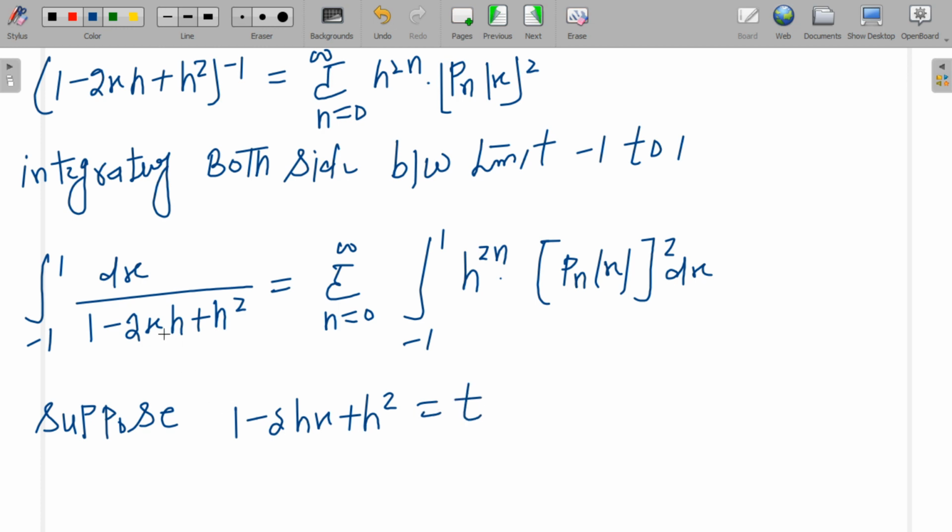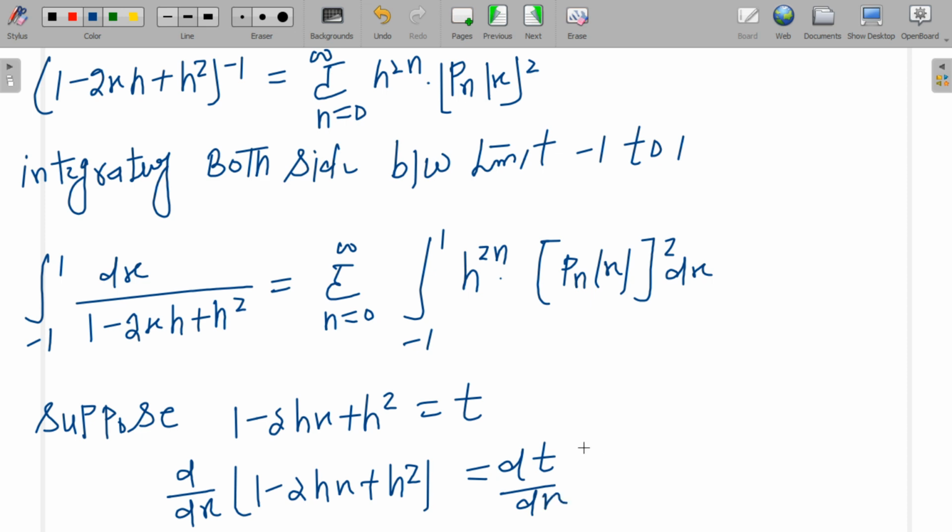Differentiating with respect to x on both sides, d over dx of (1 - 2hx + h²) is equal to dt over dx, so this is equal to -2h dx = dt.